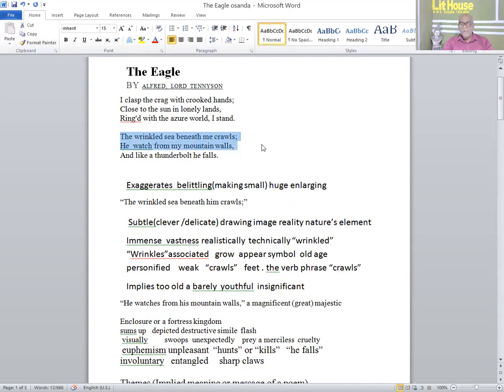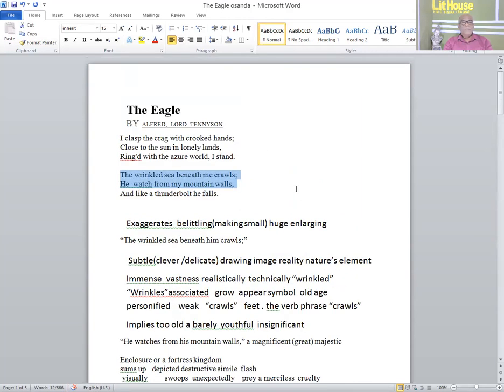Now look at these two lines. The wrinkled sea beneath him crawls. He watches from his mountain walls.